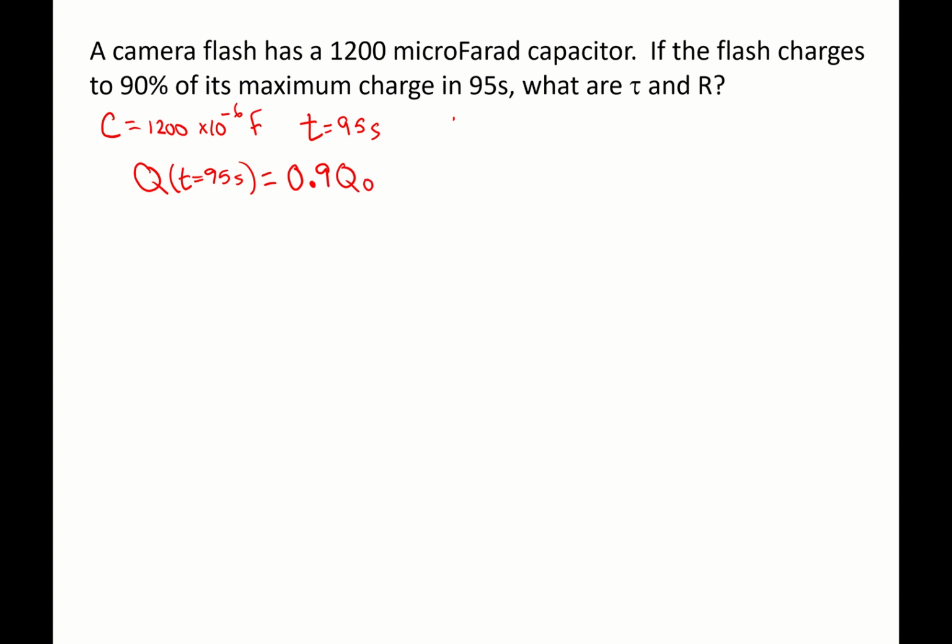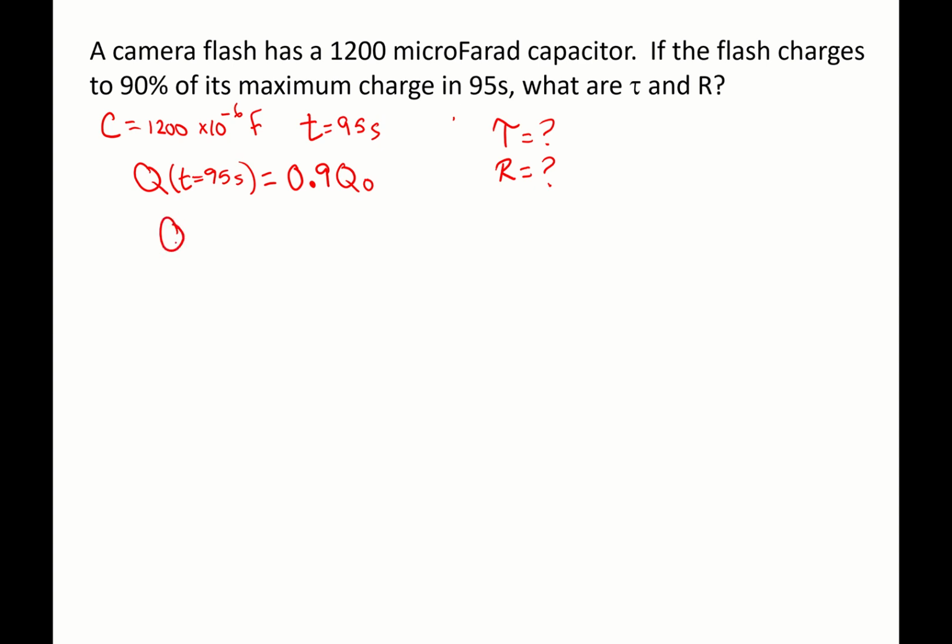And what it's asking me is, what is the time constant and what's R? So I know C and I know t, and I know that at 95 seconds, Q is equal to 0.9 times Q0. So how on earth am I going to find those other things? Well, first of all, let's look at my equation.